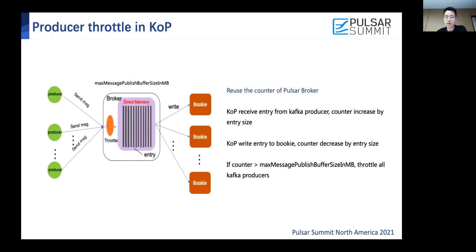If the counter is bigger than the max publish buffer size, the broker will block all Kafka producers and Pulsar producers. After enabling this feature, KOP and Pulsar broker share the same max publish buffer size and can avoid OOM caused by producing too fast.